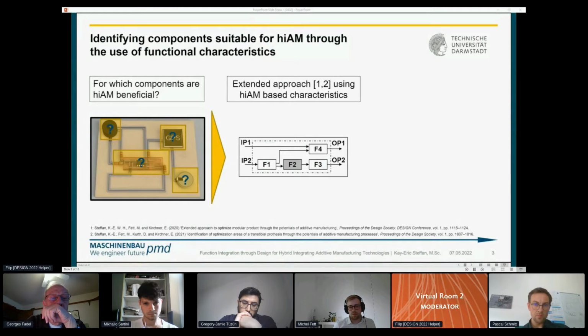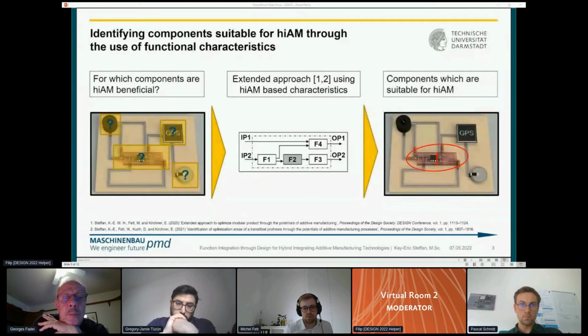These identify characteristic functional areas in the function structure and their corresponding components for which additional partial solutions made possible by the high AM to consider them in the development process. This procedure was successfully tested for additive manufacturing within the framework of the extended approach.